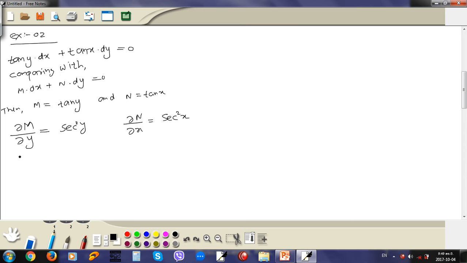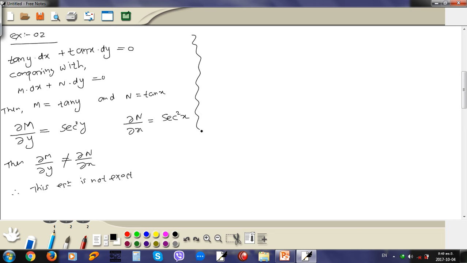So ∂M/∂y does not equal ∂N/∂x. Therefore, this equation is not exact.